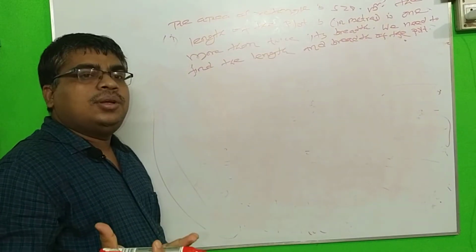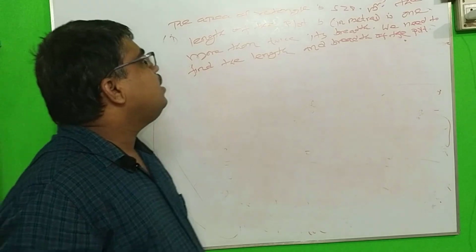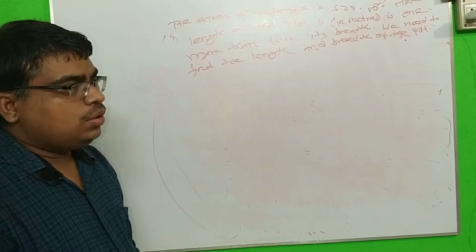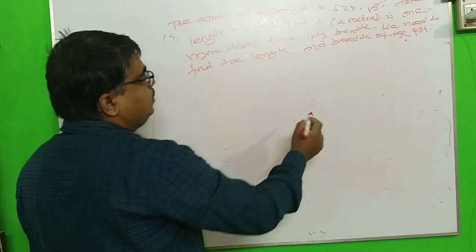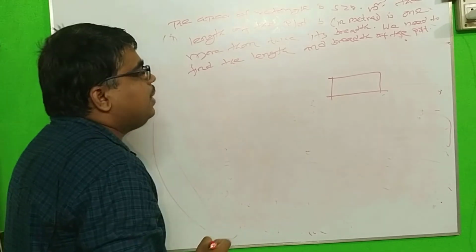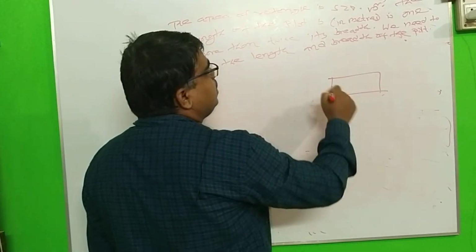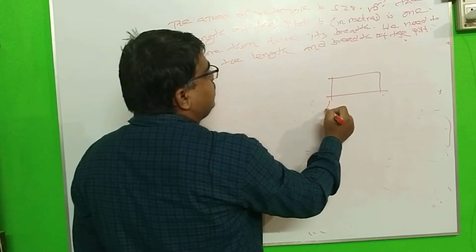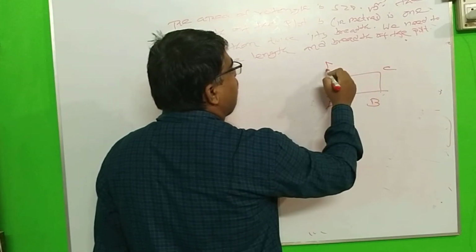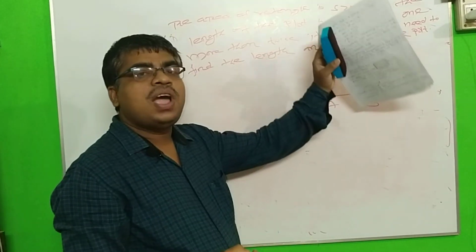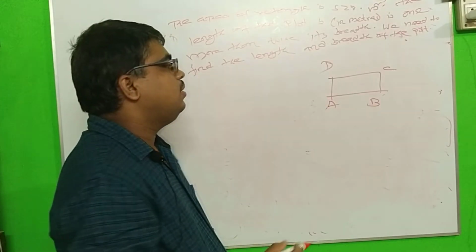We are very familiar with the rectangular plot. The picture of this rectangle represents the rectangular plot. We depict it as A, B, C, D. Here the total area of this plot is 528 square meter.